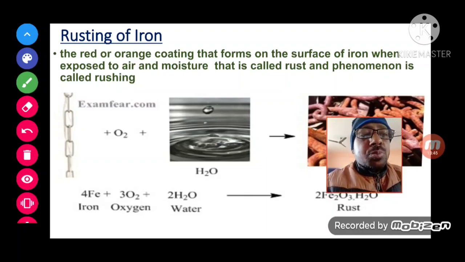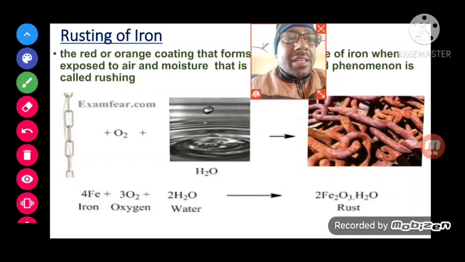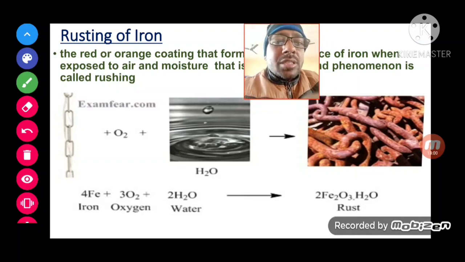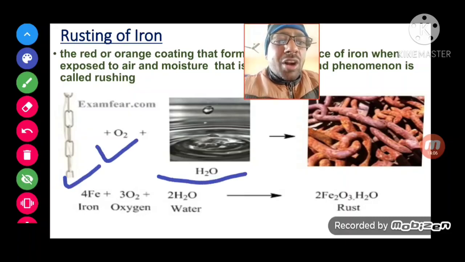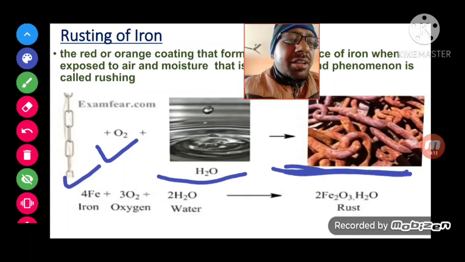Means when you expose iron to open air and moisture, it will react with oxygen and form a reddish layer over it. You can see it very clearly in the image here. Metal reacts with oxygen in the presence of water moisture. What forms? A brownish layer over the metal surface, and that is called rust.